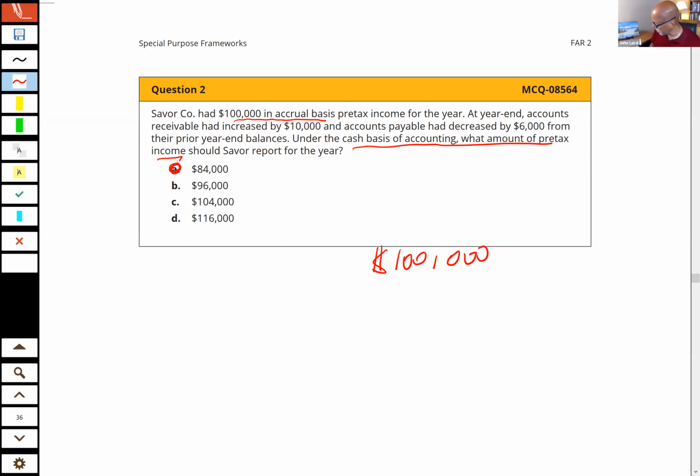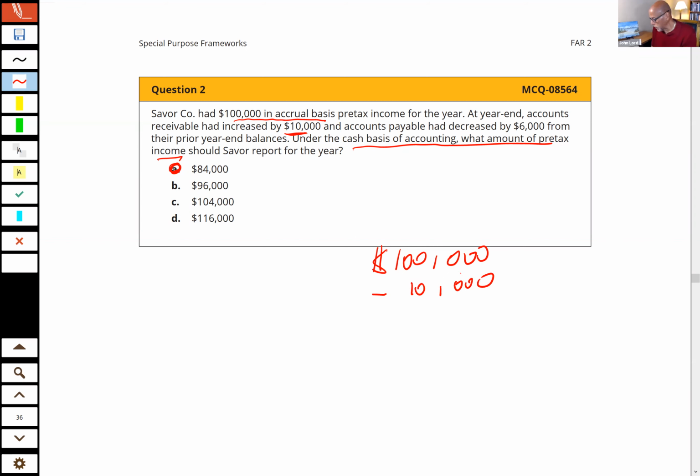So for my current assets, I will do the opposite. Accounts receivable had increased 100,000. So I'm going to subtract it.